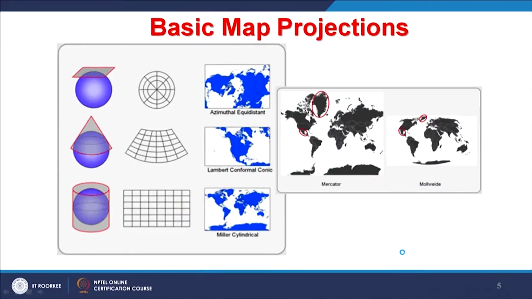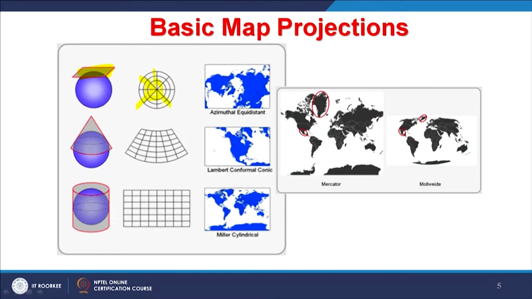Now, as I have mentioned already, there are three basic types of map projections. Either azimuthal projection, where latitude and longitude would appear something like this: the latitudes appear as rings and the longitudes radiate from the center wherever I have kept it.